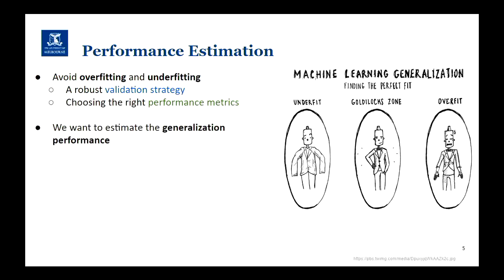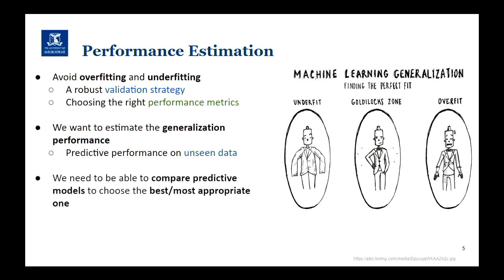If we want to estimate generalization performance, we need to predict performance on unseen data. That's one thing, since that's the main purpose of supervised learning. And we need to be able to choose the best performing model, which is comparing them and choosing the most appropriate one. For that, we'll have different evaluation metrics. So choosing the best model is a combination of validation, so predicting on unseen data, and also being capable of assessing a predictive model's performance.